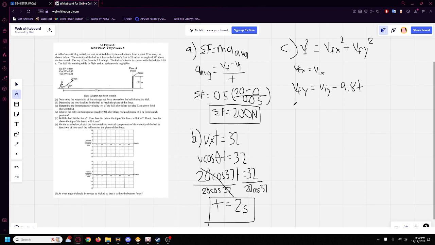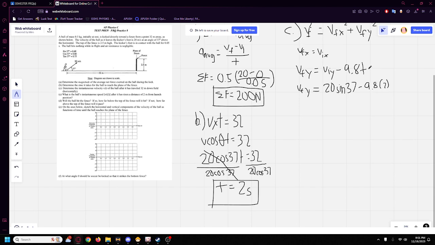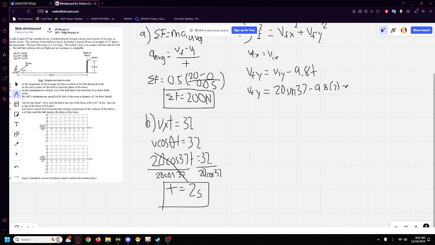So vfy is equal to 20 sine 37 minus 9.8 times 2, and you multiply that by 2 because it takes 2 seconds for the ball to travel 32 meters downfield, and that gives you negative 7.56 m/s.